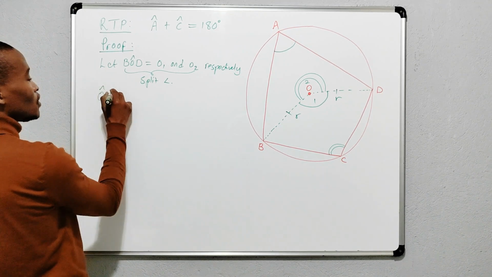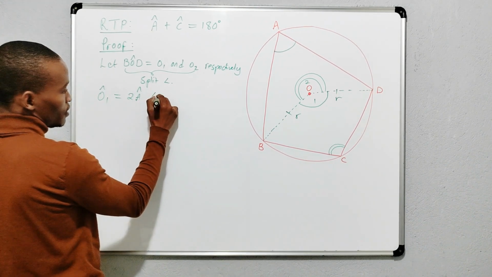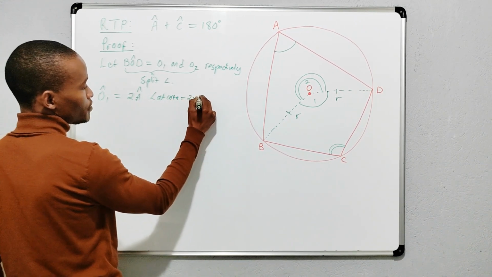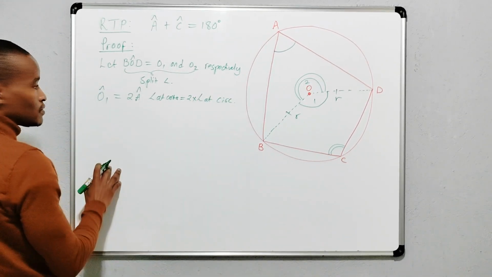Okay, so therefore, what can we go to now? We can talk about angle O1 being equal to 2 times angle A, because angle at center is 2 times angle at circumference.